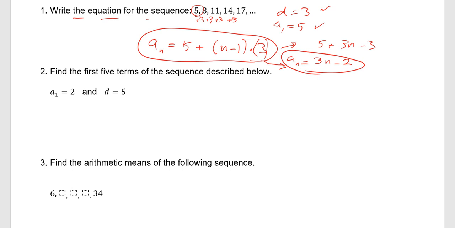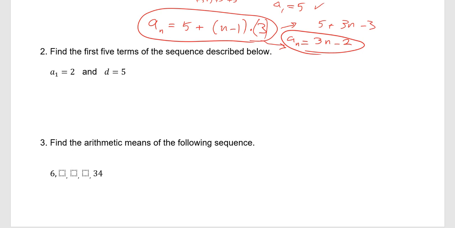Okay, next exercise. Find the first 5 terms of the sequence described below. So we are told that the first term in the sequence is 2 and the common difference is 5. Well, that's very easy, right? So in this case, we just take the first term, so 2, and then just keep adding 5. So 2 plus 5 is 7.